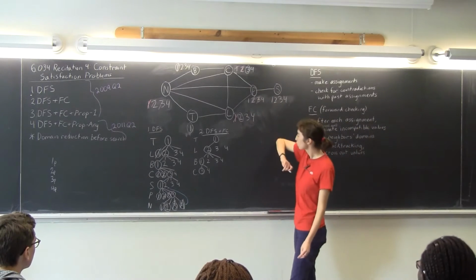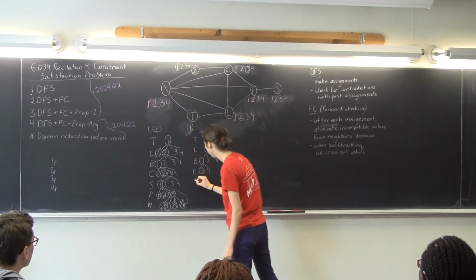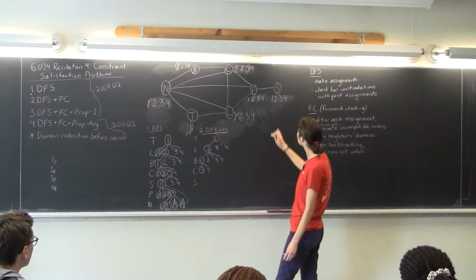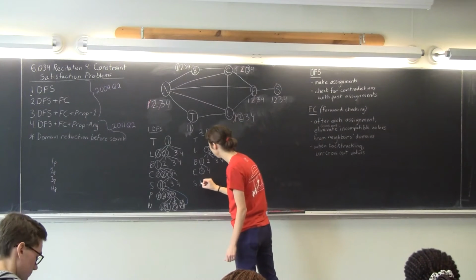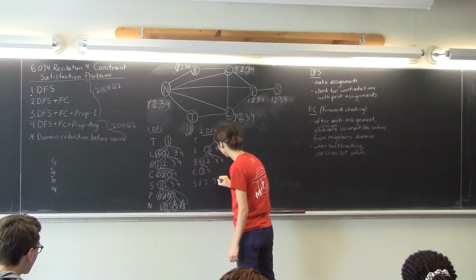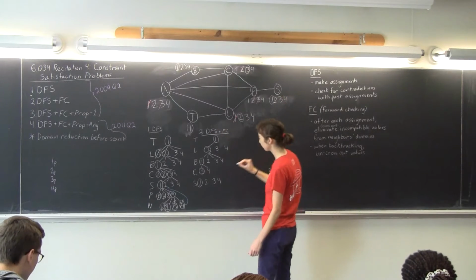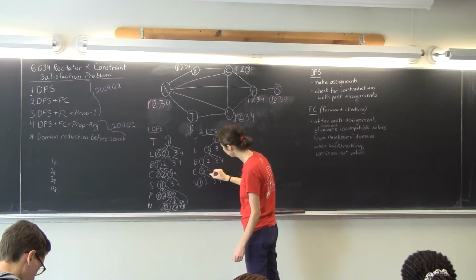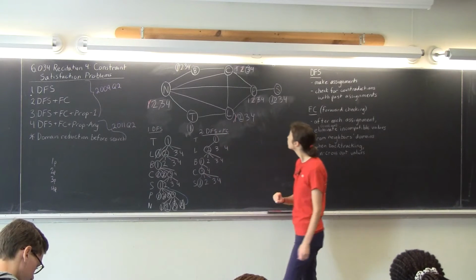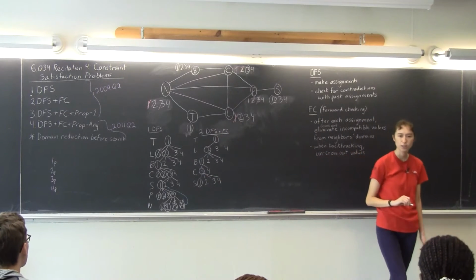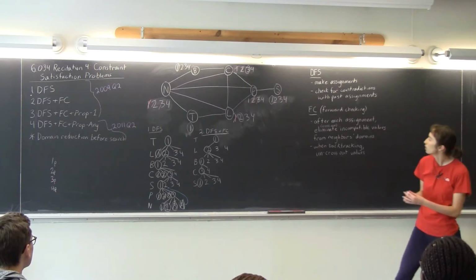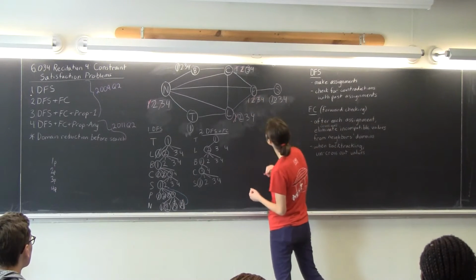Okay, so we're done with Curry, and now we get on to assigning Socrates. So Socrates still has all 4 values. So we'll assign Socrates to 1. Can we cross off anything from assigning Socrates to 1? Pythagoras can't be at 1 now.